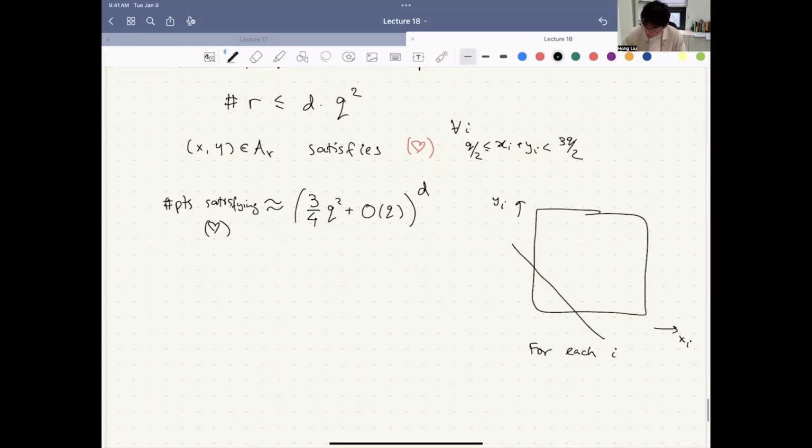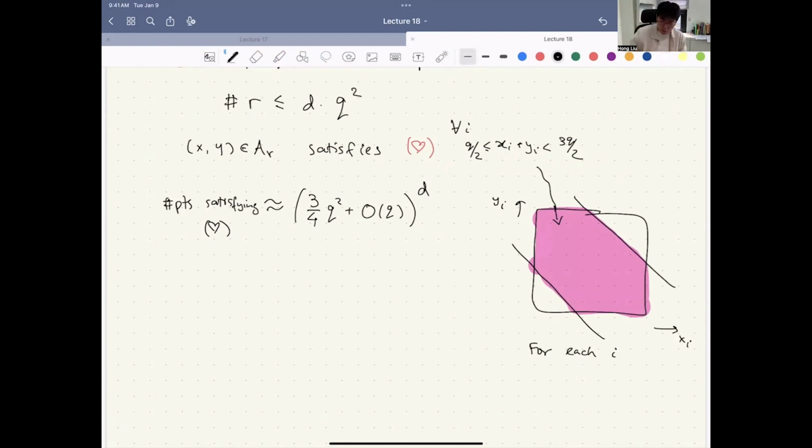So they live in here. And the number of grid points here is roughly a 3/4 proportion.